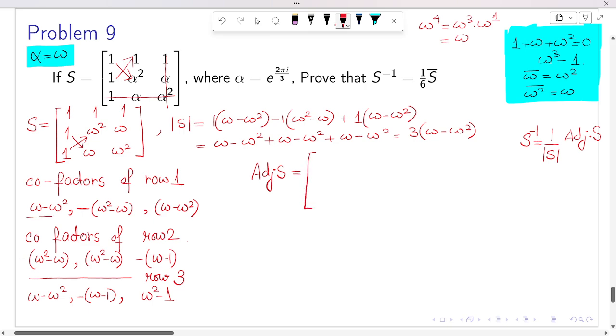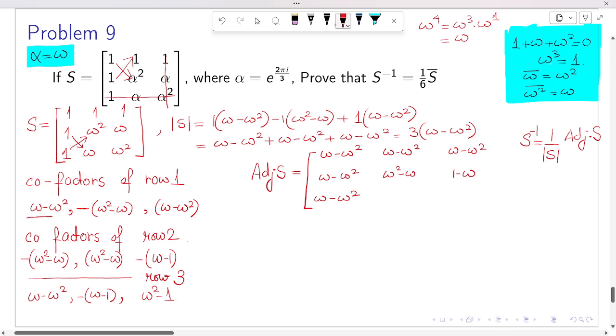Matrix of the cofactors. One is omega minus omega square, omega minus omega square, omega minus omega square. Then again omega minus omega square, omega square minus omega, and then 1 minus omega, omega minus omega square.